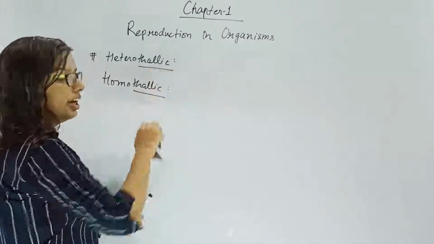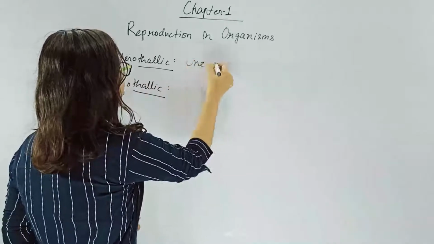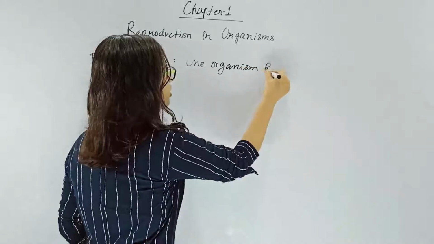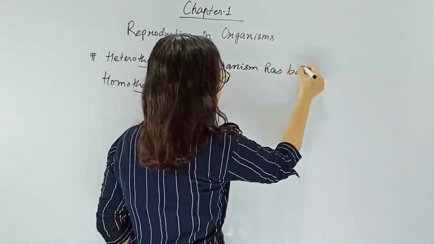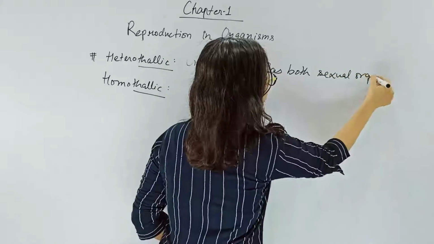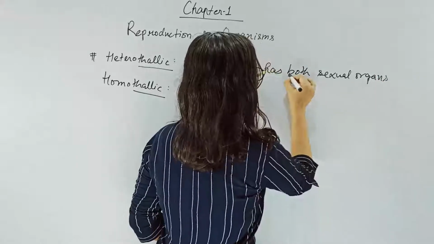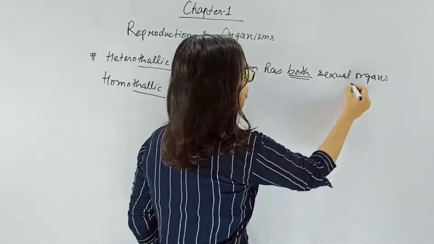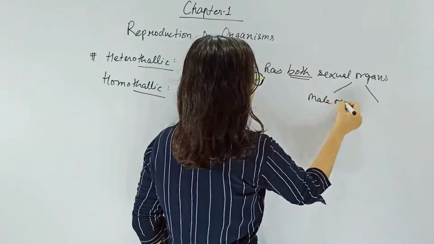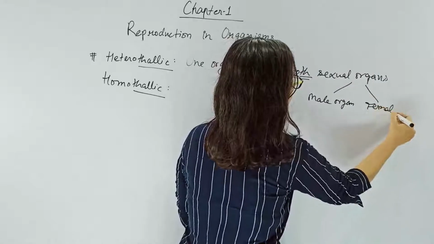So in heterothallic, one organism has both sexual organs. When I say both sexual organs, it means male and female, the male organ and the female reproductive organ.